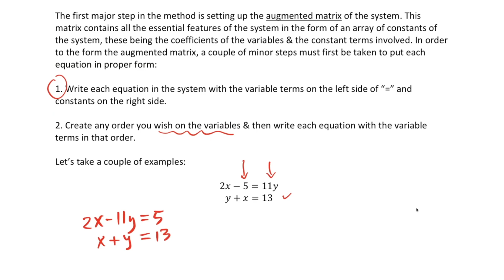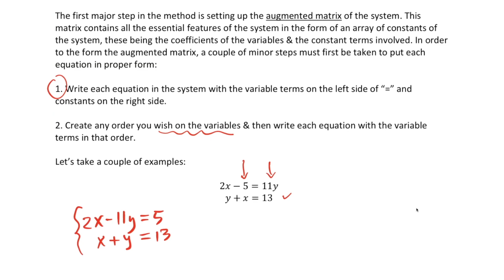Now, this is an equivalent system of linear equations, but this time they would be in what we would call the proper order because we actually have these two conditions satisfied up here.